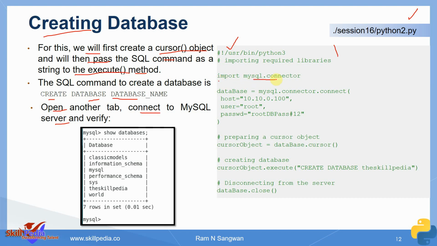Import the connector, define the object, prepare the cursor object, create the database and disconnect. In another tab, verify it, the database is created. Because here we are creating the database Skillpedia. The Skillpedia was created. Indeed, you notice the database existed.